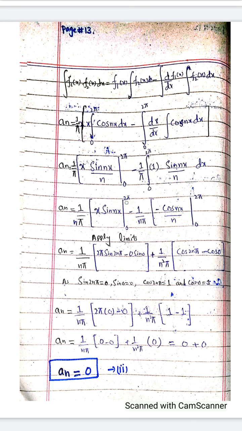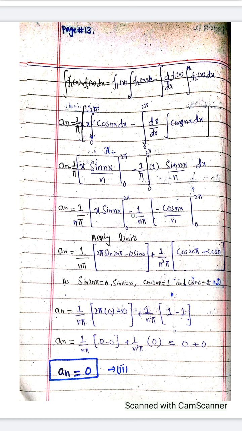Now we will apply the limit, so we will put the limit with nx, so we will put 2 pi sin 2n pi minus, here we will put the limit 0, so 0 sin 0.